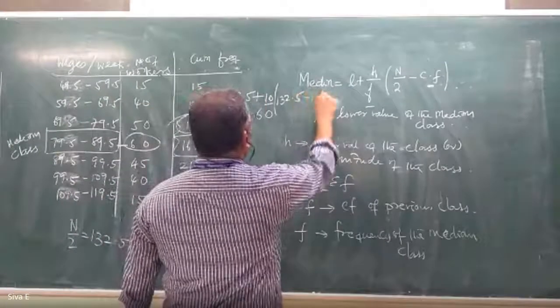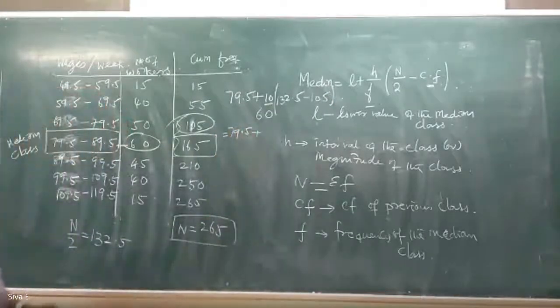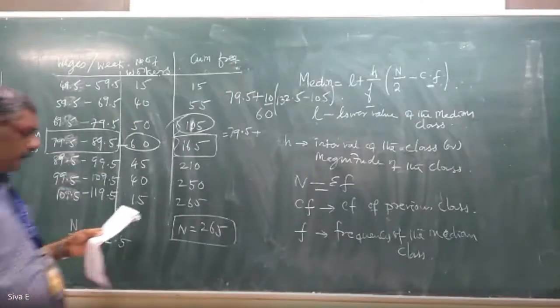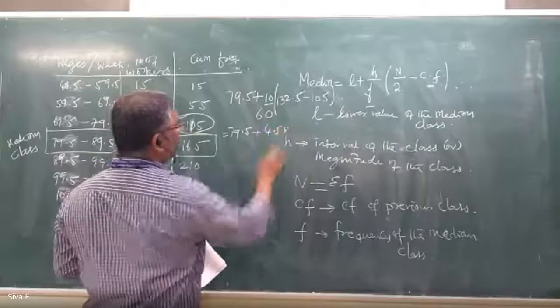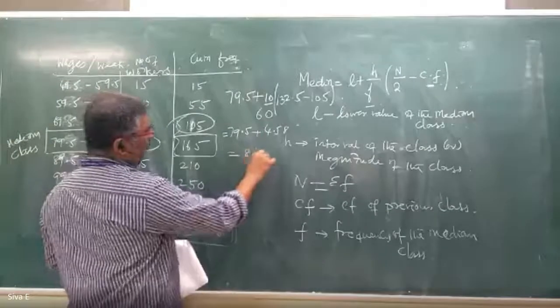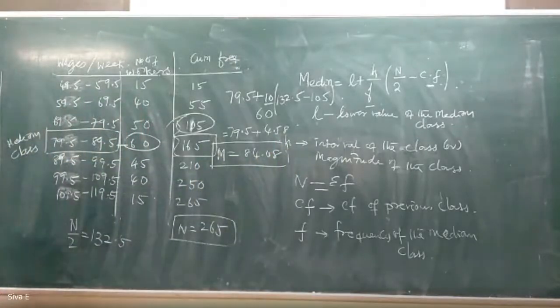So 79.5 plus this value, 4.58. So the total is 84.08, that is the median value.